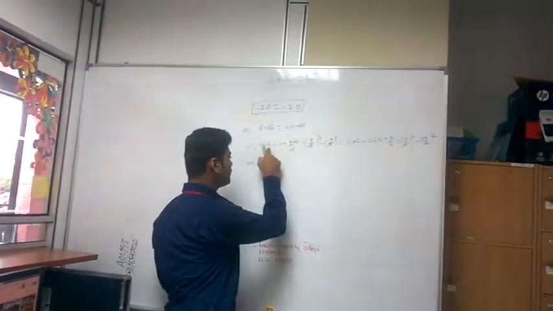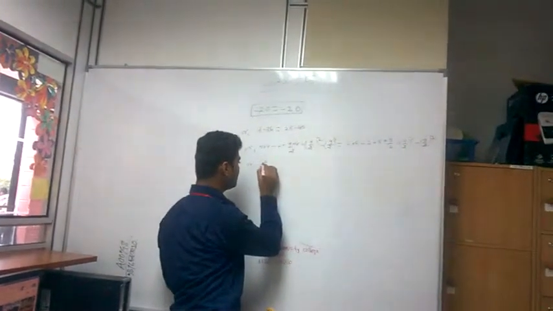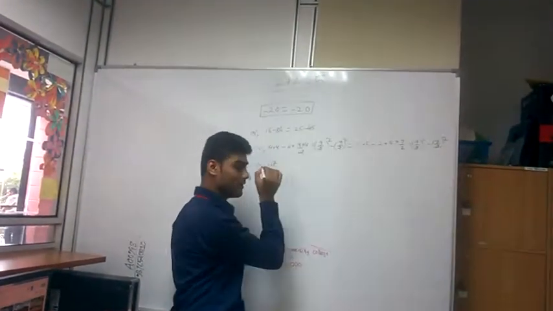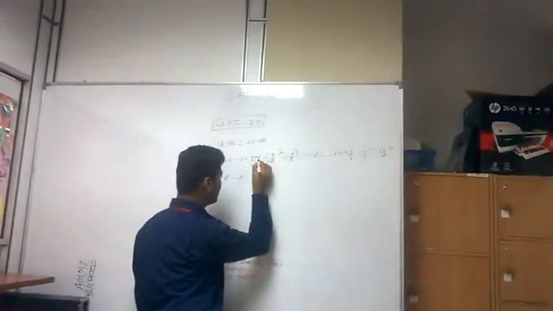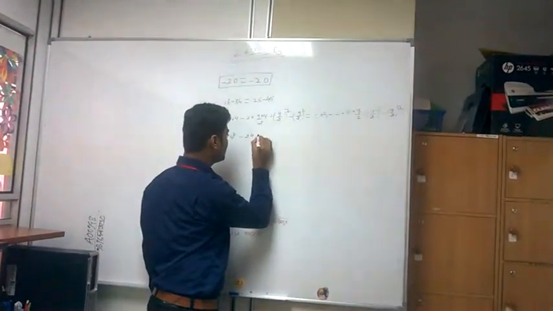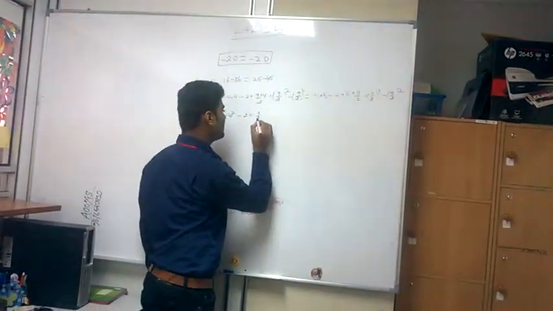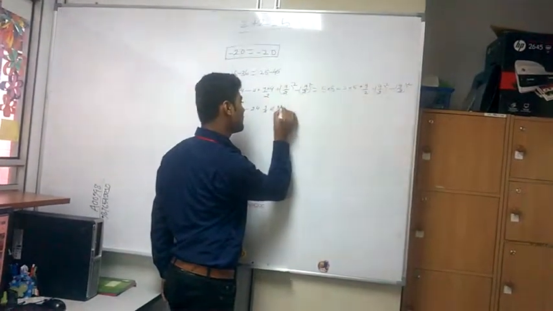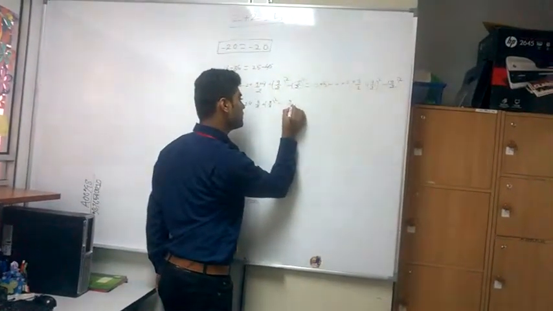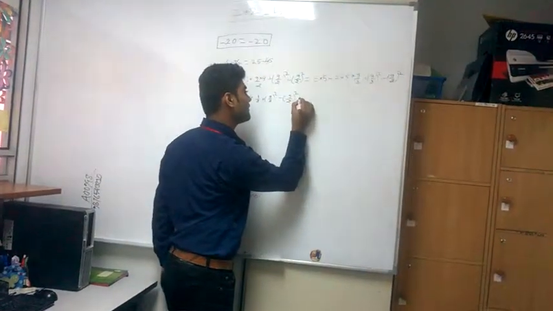What is 4 into 4? It means 4 square, that is a square. Let's assume 4 as a. Now this is 2 into a. This is 4a. 2 into 4 into b. 9 by 2 we will assume as b. Now again we write the same, 9 by 2 whole square minus 9 by 2 whole square. Same we had.